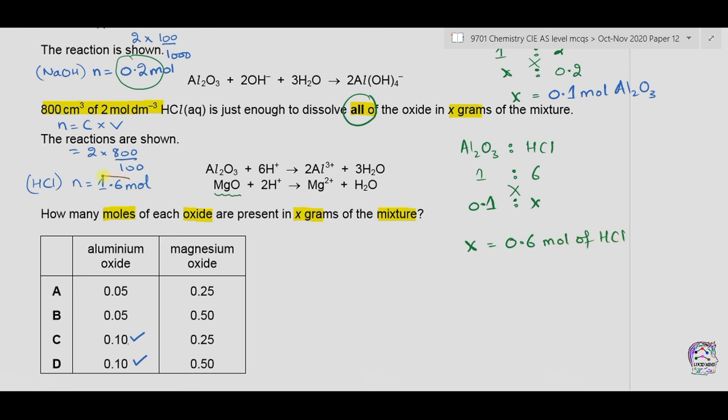As the total number of moles of HCl was 1.6 moles, out of which 0.6 moles will be required to dissolve aluminum oxide, so the remaining will be able to dissolve magnesium oxide. Now finding the remaining moles of HCl, we have 1.6 moles minus 0.6 moles, which equals 1 mole of HCl.